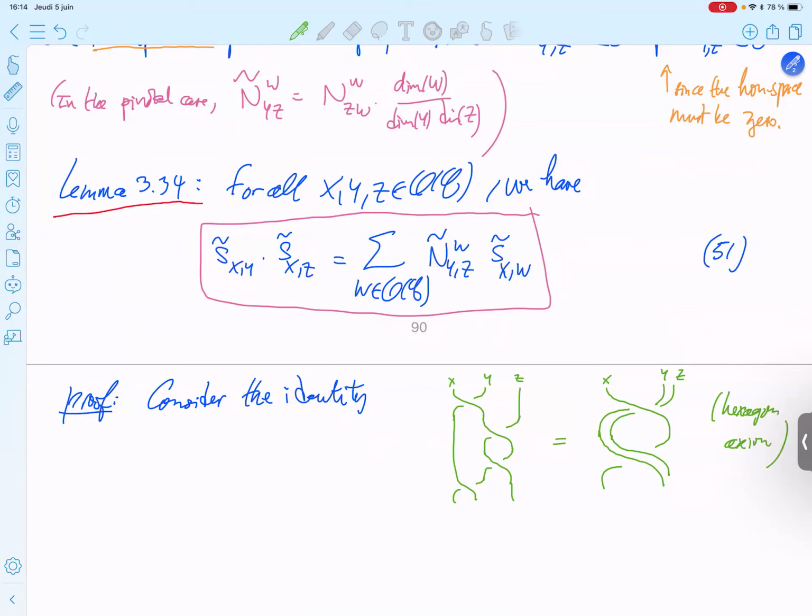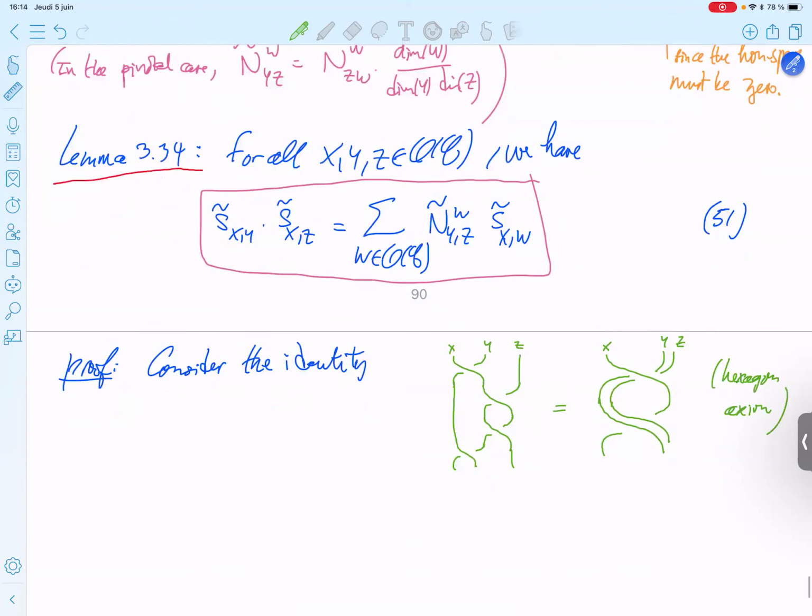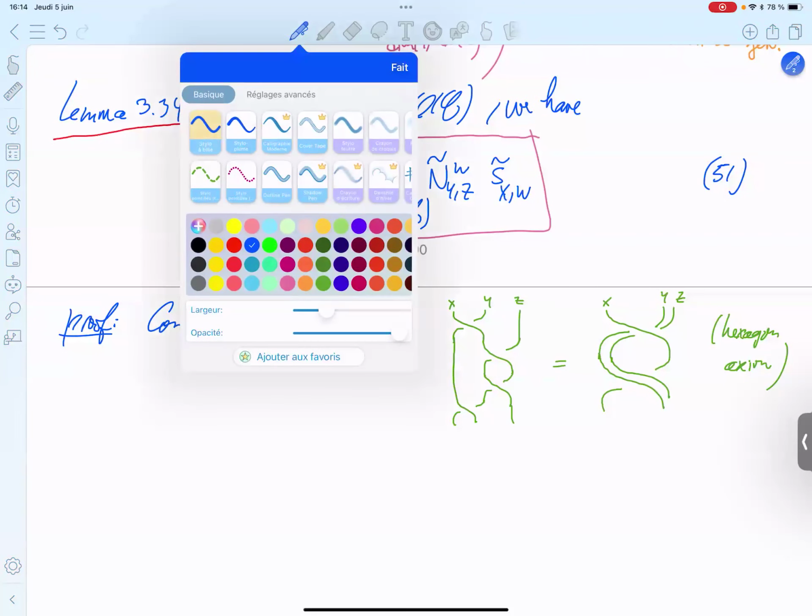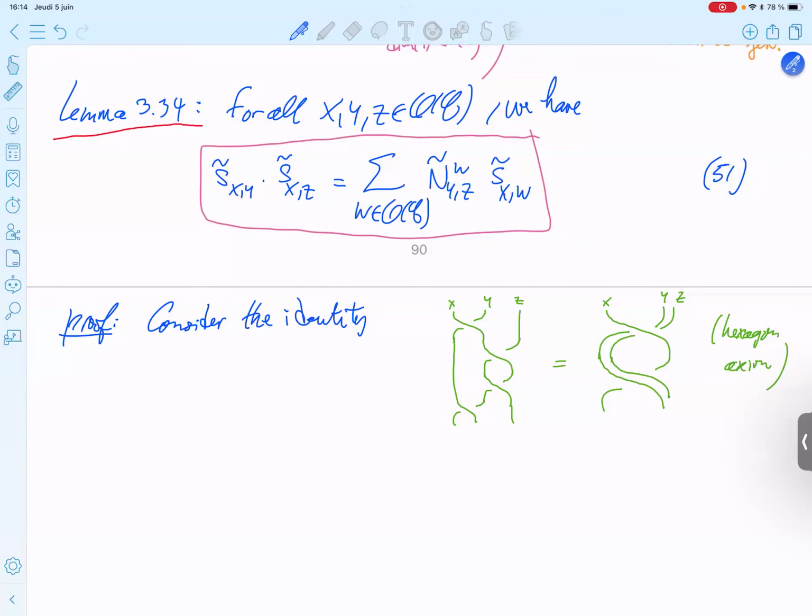So if you want to reformulate this without picture, you just say the following. So the braiding C_YX tensor identity of Z composed with identity of Y, etc., etc. So this is exactly the way to write it without picture.